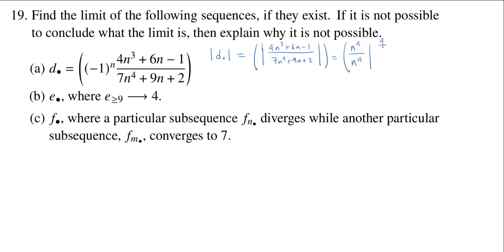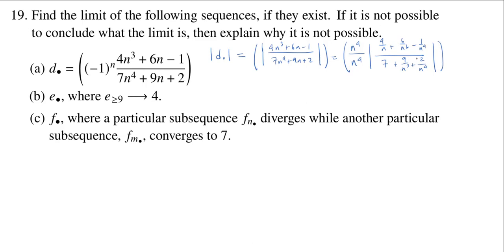I'd have 4 over n plus 6 over n squared minus 1 over n to the fourth. Whoops, nope, we pulled out 4 of them, this should be n cubed. And then on the bottom, I pulled out n to the fourth, so I get 7 plus 9 over n cubed plus 2 over n to the fourth. Of course, these n to the fourths cancel.